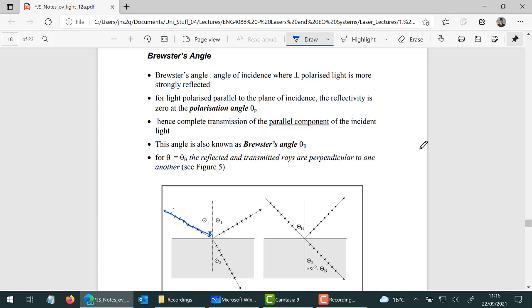Remember, we can break that down into an x component and a y component for whatever angle of polarization that we have, and I've represented that by that line being the in-plane polarization, the y, depending on how you've got your axis sorted, and the dots being the out of plane, the perpendicular to the plane polarization. So those two polarizations represent our x and our y, and so we can represent any angle of polarization that we care to consider.